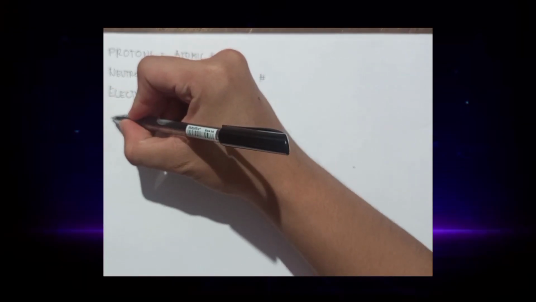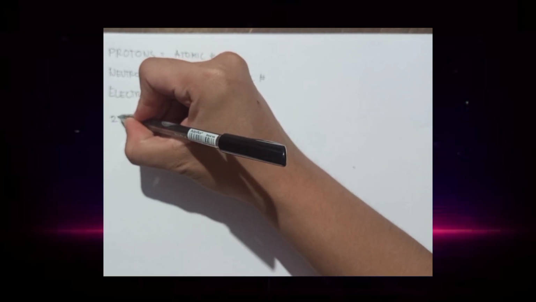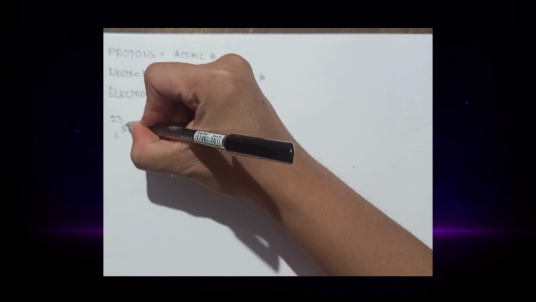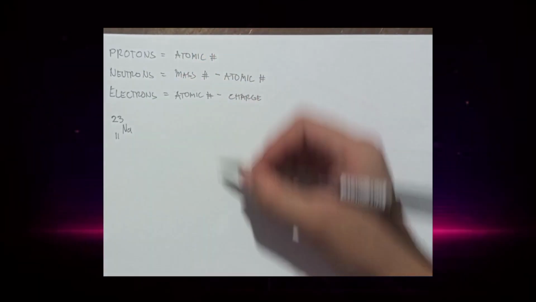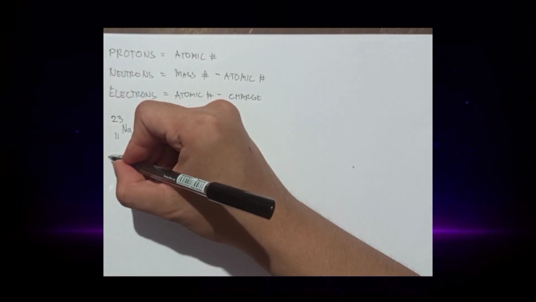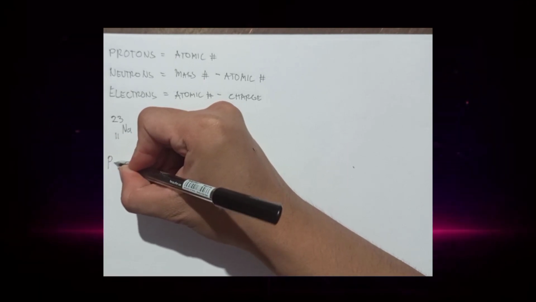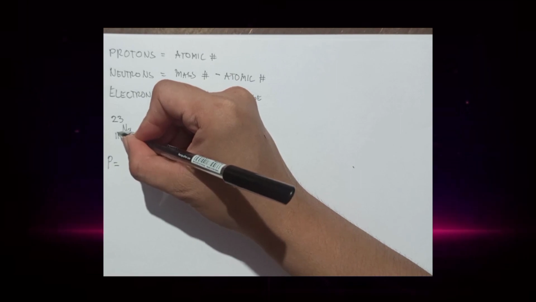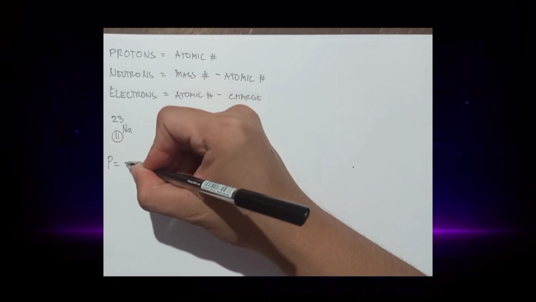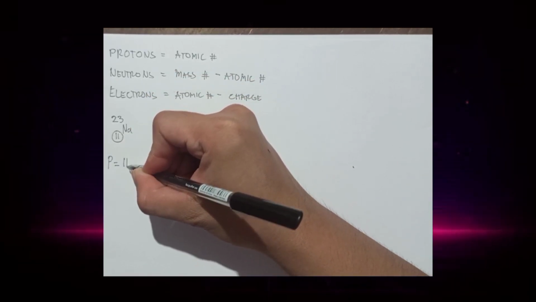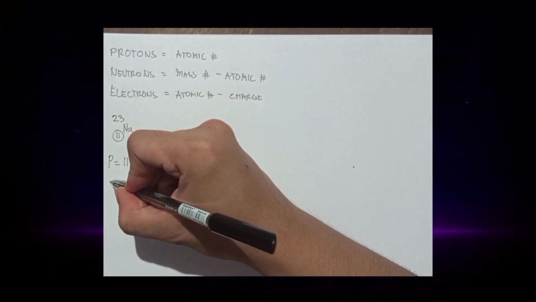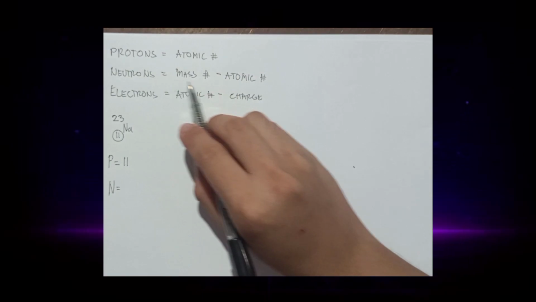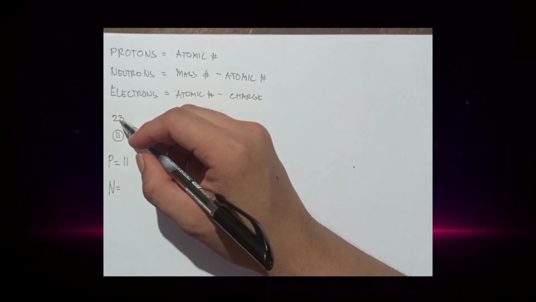Let's take for example 23 mass number and 11 atomic number, which is sodium. To get the protons, we will identify the atomic number, which is 11. So we're gonna put it down here, 11. For the neutrons, we are going to use this formula: the mass number minus the atomic number.